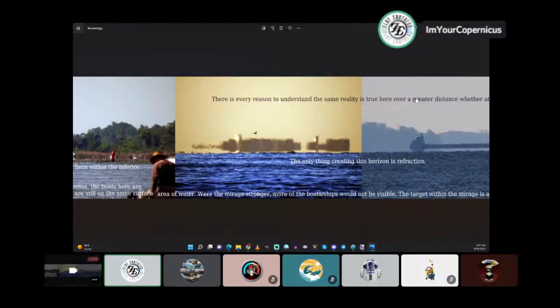The claim is that the image is always below the target and it is always in the air. An inferior mirage does not happen on the surface of the water. It happens in the air above the water. Thank you.